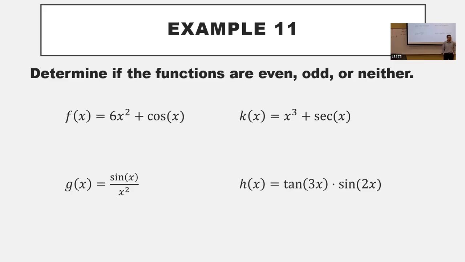That's a neither. Does that make sense? Now you can do this algebraically if you like. If you like, you can just plug in a negative x into our function k of x.